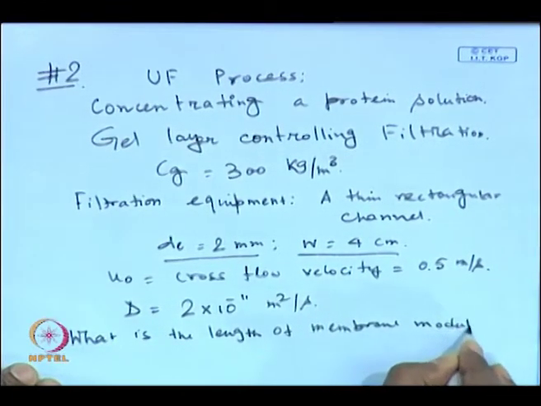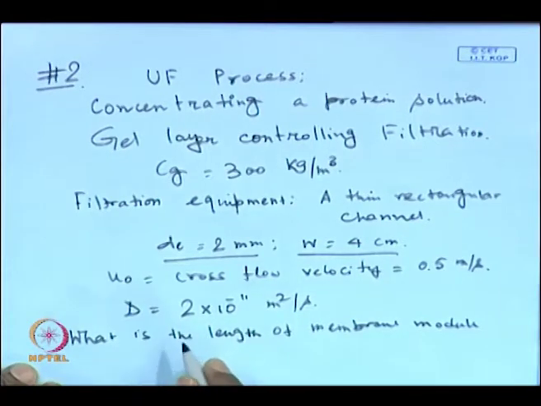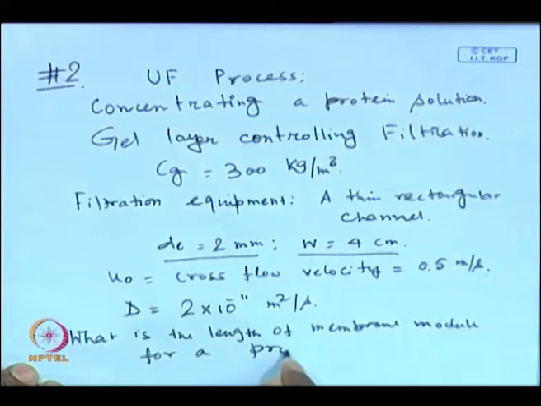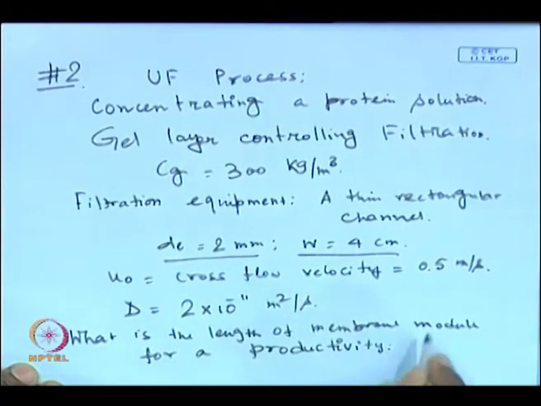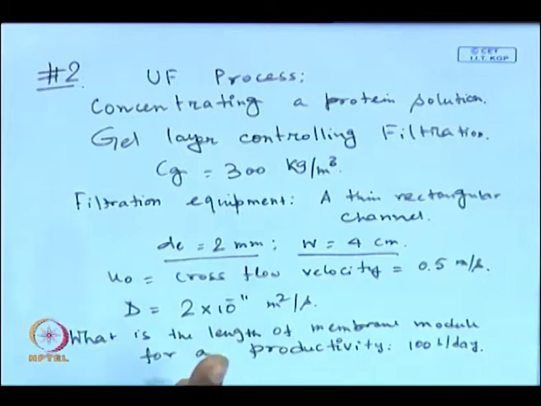For the membrane module, if you would like to produce a concentrated protein solution at the rate of 100 liter per day, what is the requirement of the length of the channel that we are going to design?